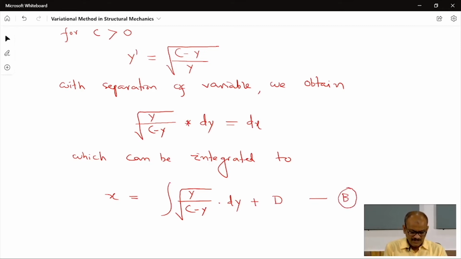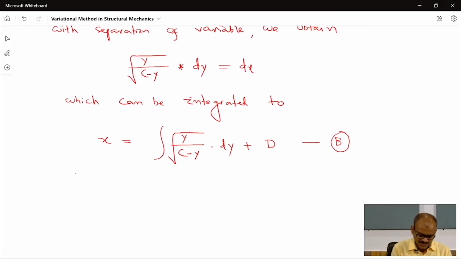Let us substitute y is equal to c sin square t.